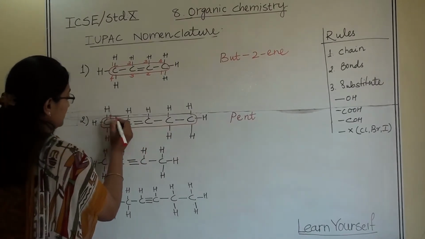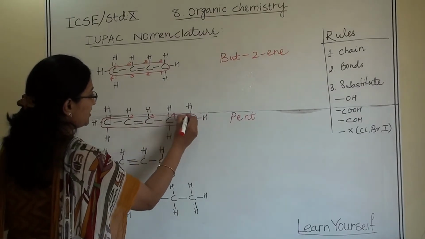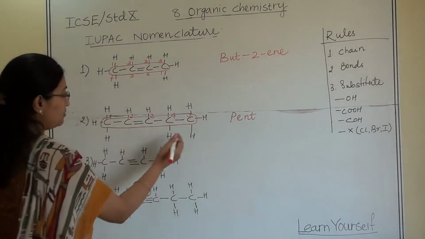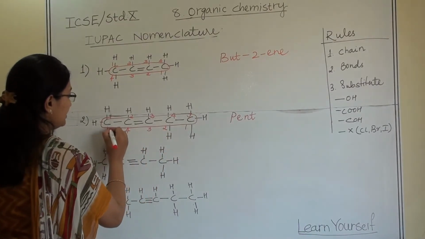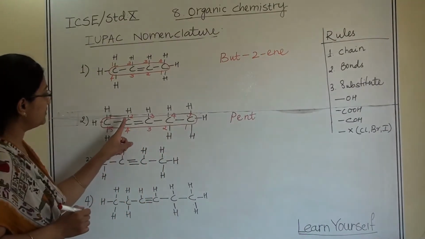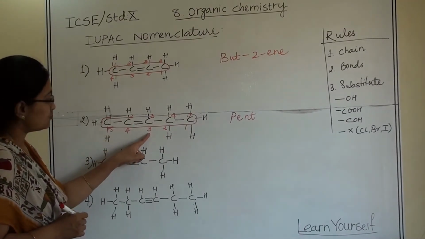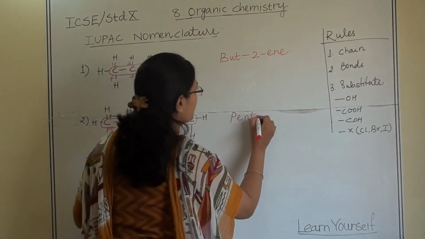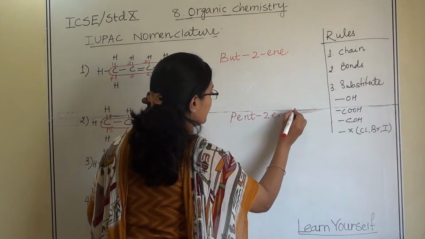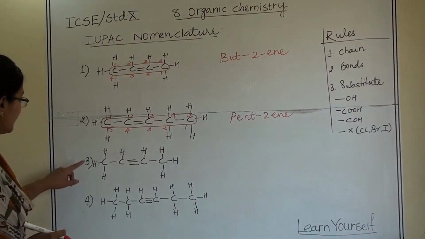Then let us give the numbering 1, 2, 3, 4 and 5, and the other way around 1, 2, 3, 4 and 5. Now you see 2 and 3. Which one is the smallest one? Obviously 2. So it will be 2 yne, pent-2-yne, or 2 pentyne.